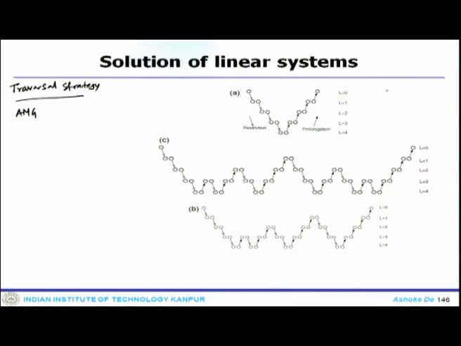The first one shows essentially the V cycle, the second one is called the W cycle, and the third one is called the F or full multigrid cycle. So, one case is the V cycle, which is shown here, and you can see this is my restriction step and this is my prolongation step. So, there are levels L0 to L1, L2, L3, L4. Similarly, these are L0, L2, L4.